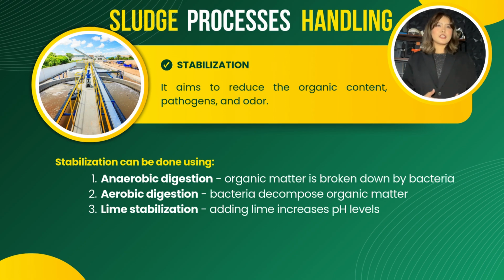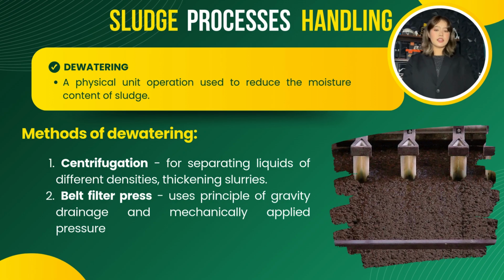Next is aerobic digestion, in which bacteria decompose organic matter in the presence of oxygen. The bacteria convert the organic matter into carbon dioxide. Lastly is the lime stabilization. By adding lime, it increases the pH levels, reduces the growth of pathogens, and minimizes odor.